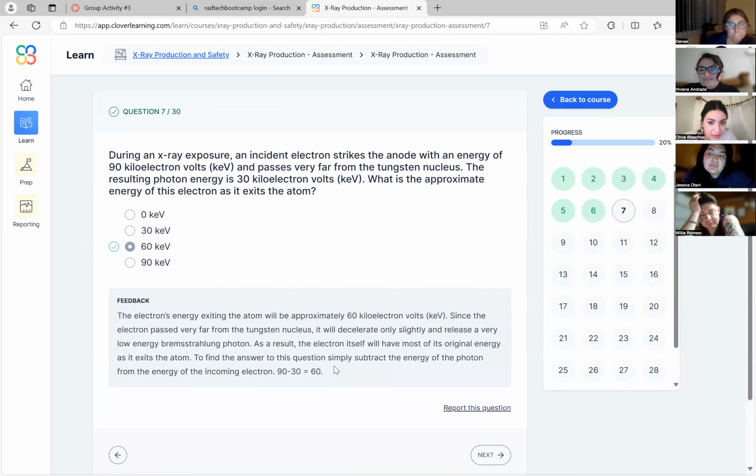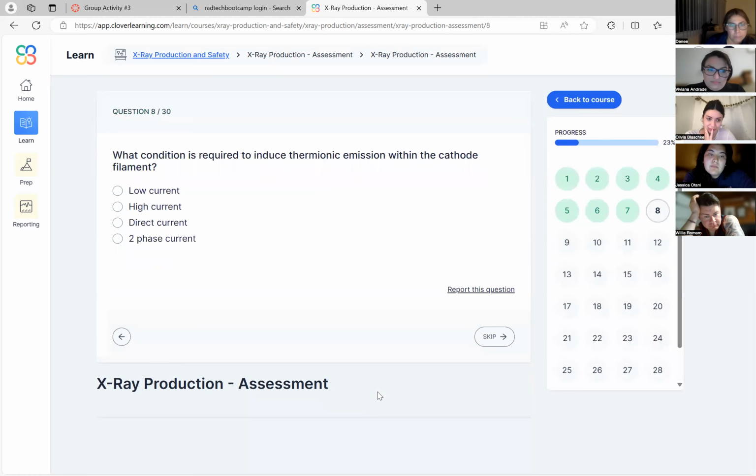Gotcha. Okay. So question number 8, that will go back to me. What condition is required to induce thermionic emission within the cathode filament?